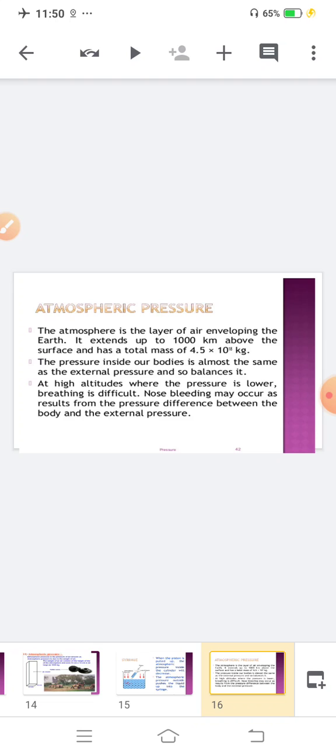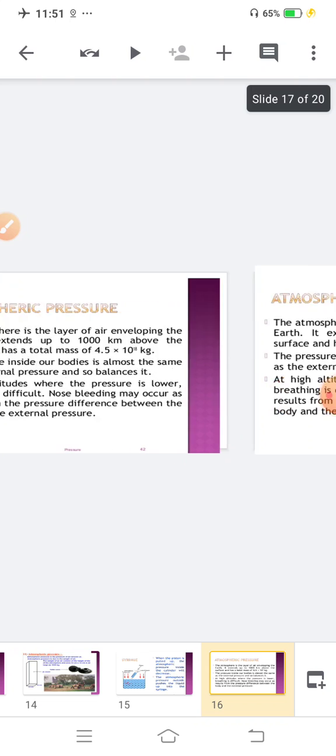At high altitudes where the pressure is lower, breathing is difficult. Nose bleeding may occur as a result of the pressure difference between the outside and the inside of the body. Clear? What produces breathing issues? Nose bleeding. Why? Because the pressure inside the body and outside the body is different.